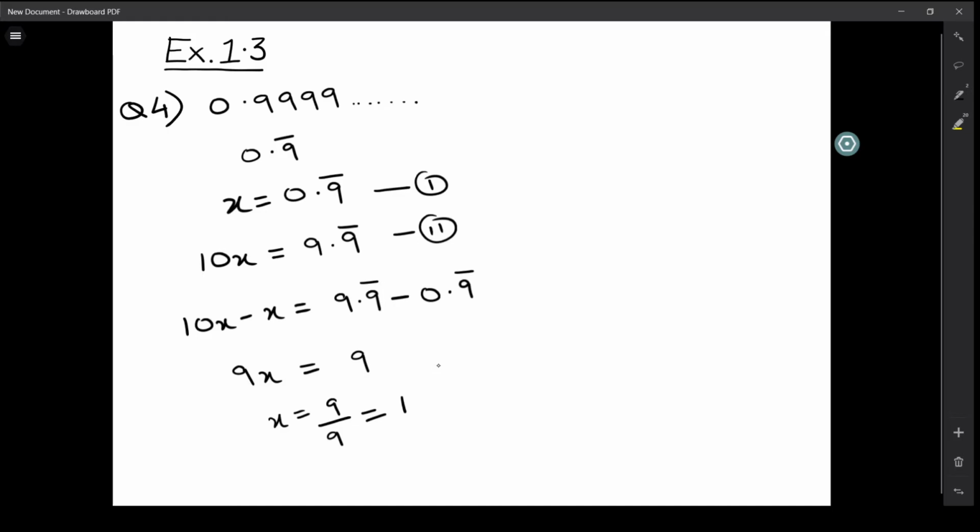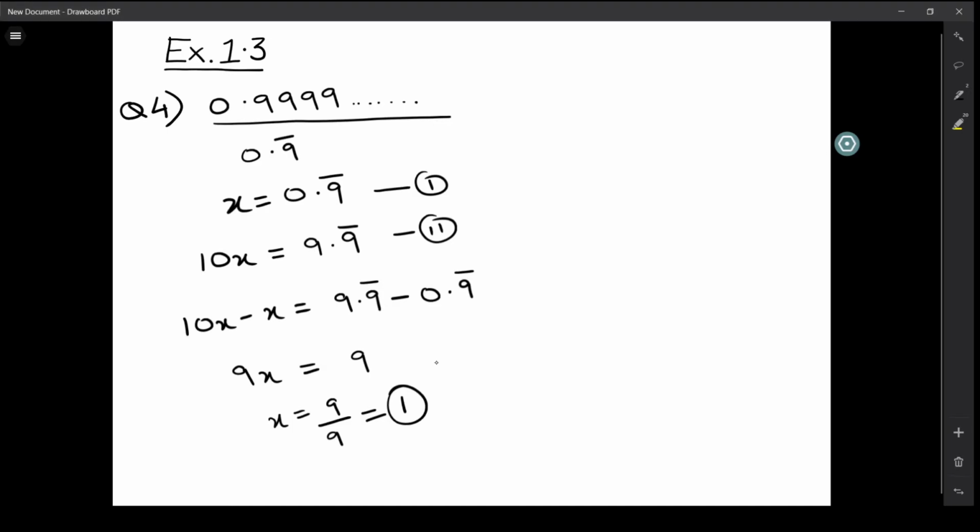Now, here's where it's interesting. The number 0.9999999 and so on isn't exactly 1, but when we're representing it in the form p by q, our answer comes out to be 1. That's interesting. We know they're not the same. So how is that even possible?